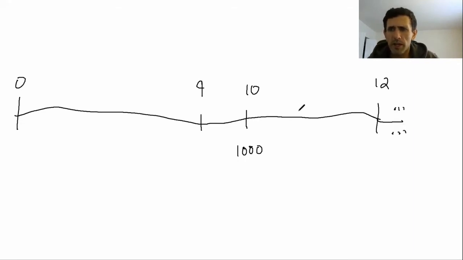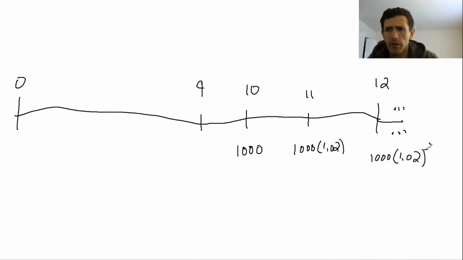All right, sorry about that. Right, 1,000, 1,000 times 1.02, 1,000 times 1.02 squared, this, etc., etc.